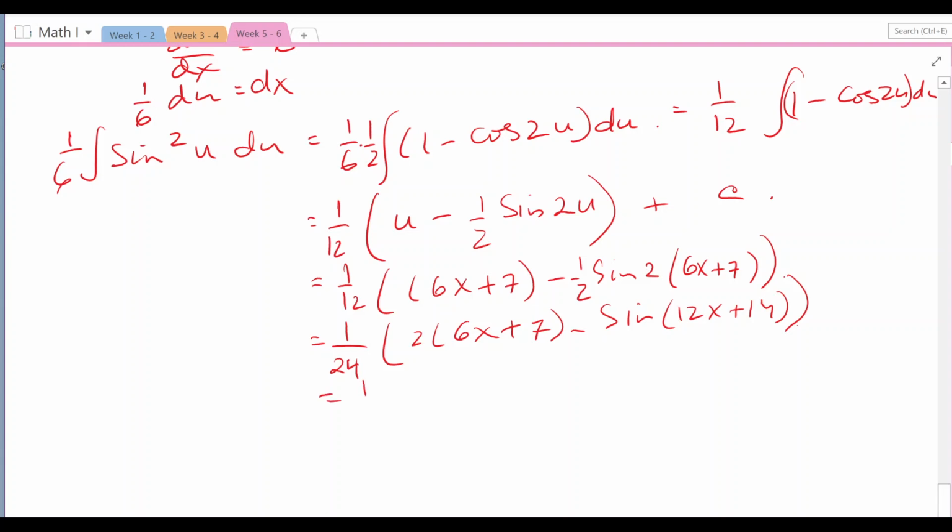Proceed with 1 over 24 times 12x plus 14 minus sine 12x plus 14, plus x plus 14.